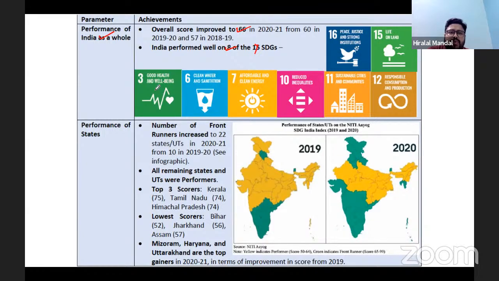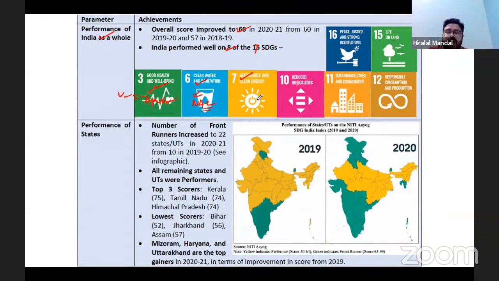In terms of health, we have performed reasonably well in the last few years. In terms of clean water and sanitation, Nal Se Jal is working perfectly. In fact, for good health and well-being, we have the Ayushman scheme that has worked well, and at the same time, the vaccination program has also sped up in the country, and that is something which suggests the achievement of India.